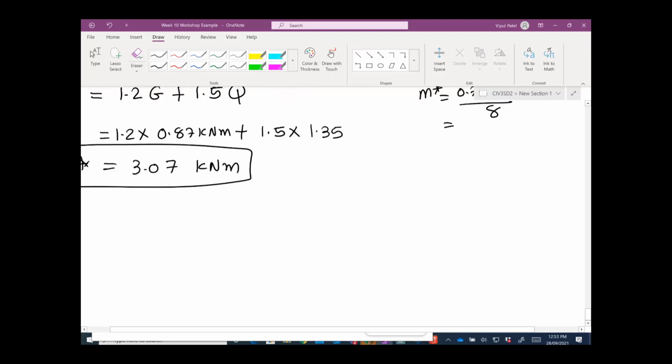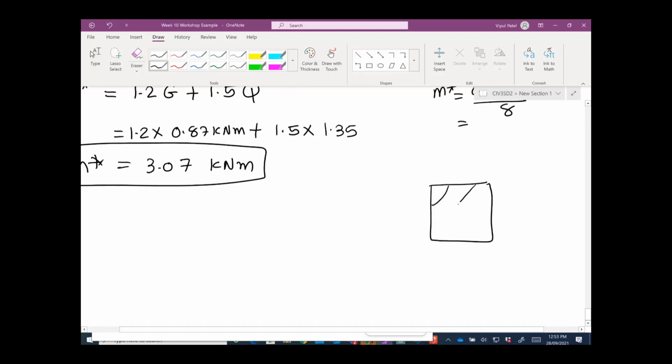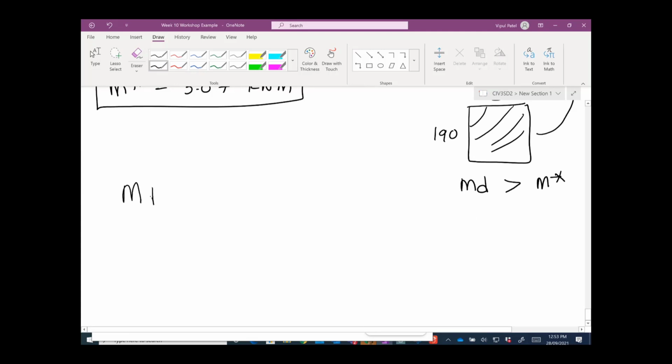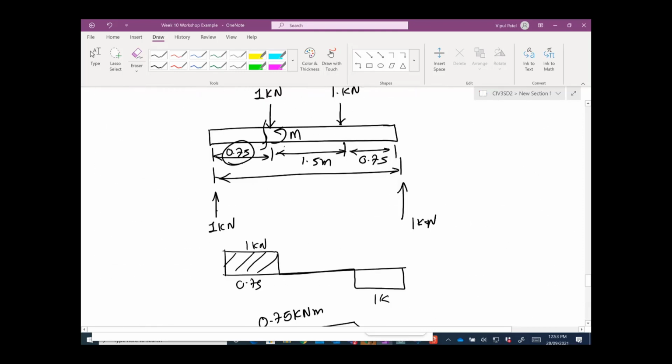So our cross section was how much? Our cross section was 190 by 45. The capacity MD that we're going to calculate for this cross section should be greater than M star. If this doesn't happen, we're going to go back and change the size, make it bigger. So M star we already calculated, and MD should be greater than M star. That's the check we're going to make. That check will validate our initial assumptions.